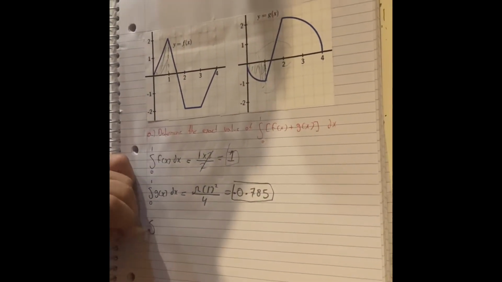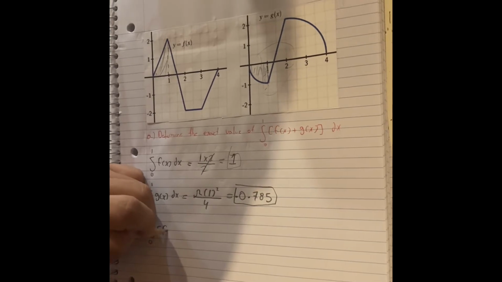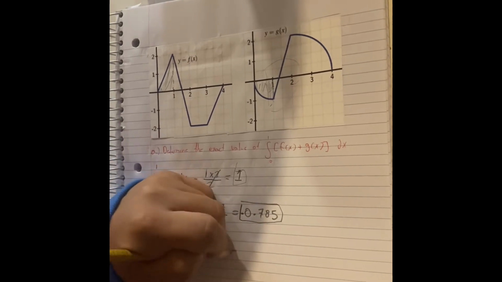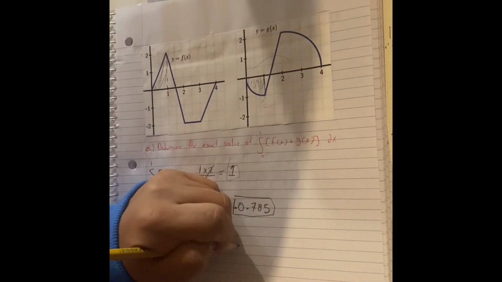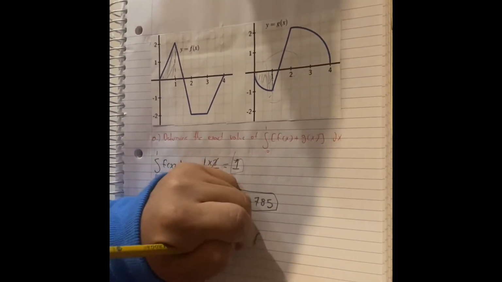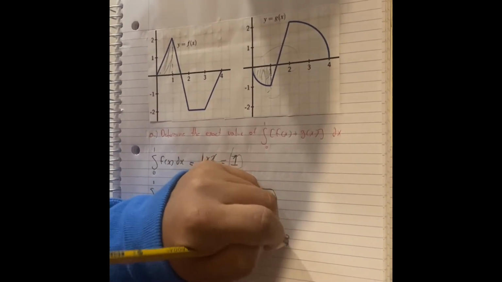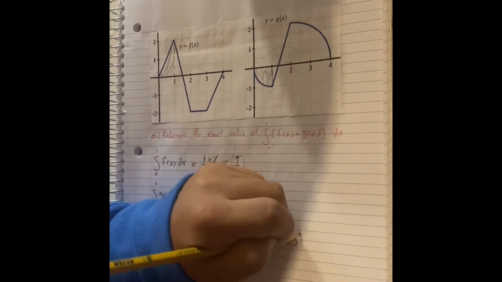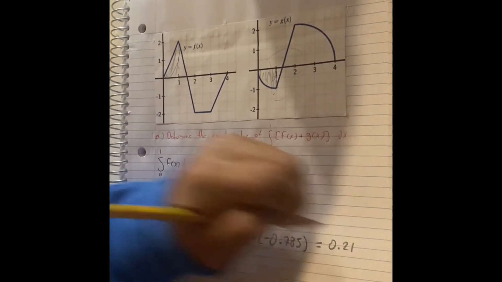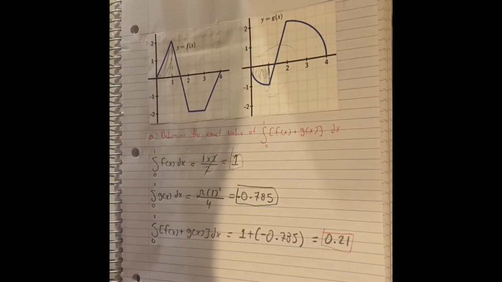So the integral from 0 to 1 of f of x plus g of x dx is gonna equal 1 plus the area on the negative side, so it's gonna be minus 0.785, which is gonna equal 0.21. So there's the answer of A.